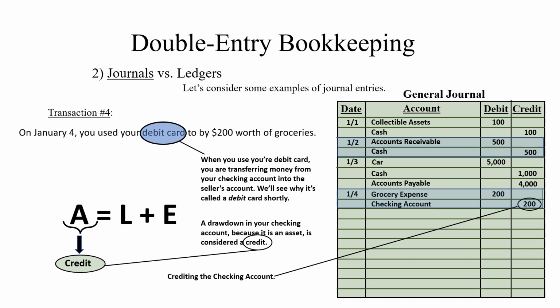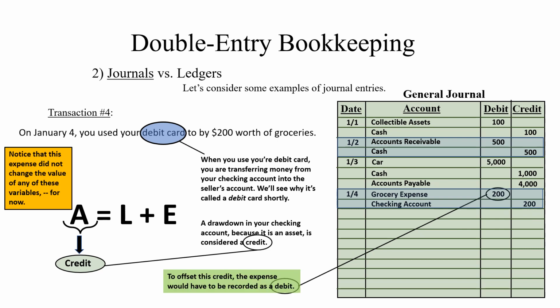As a result, other than a drawdown in some money account, which is recorded as a credit, no other variables in this equation of net worth are affected by an expense. So other than the drawdown in your checking account, which was recorded as a credit, this expense did not change the value of any of these variables in the equation of net worth for now.